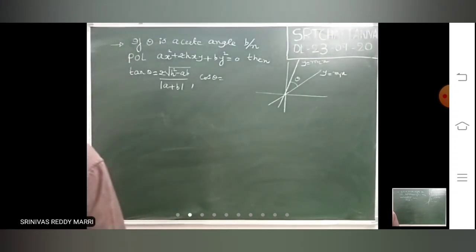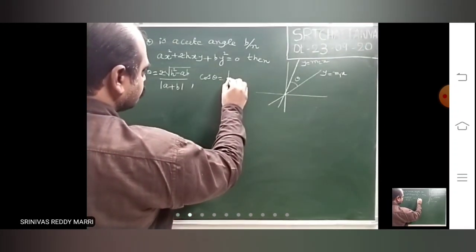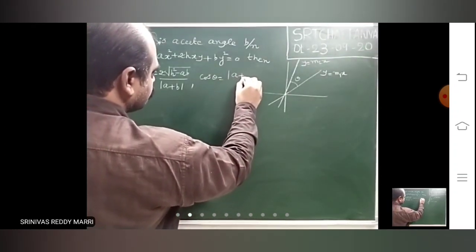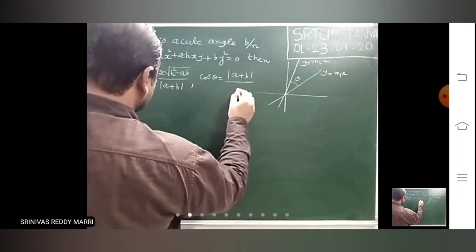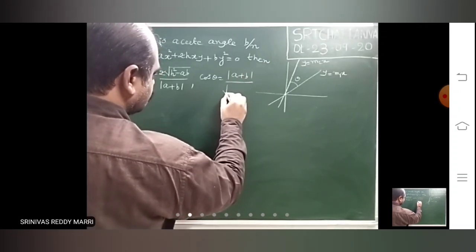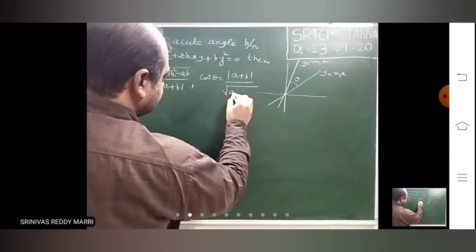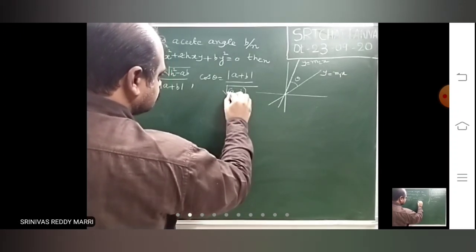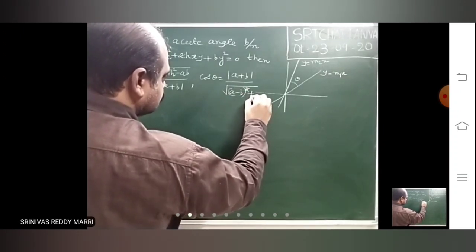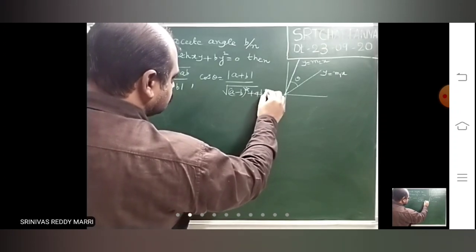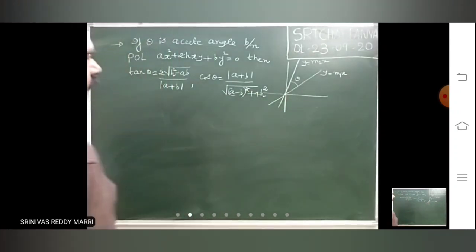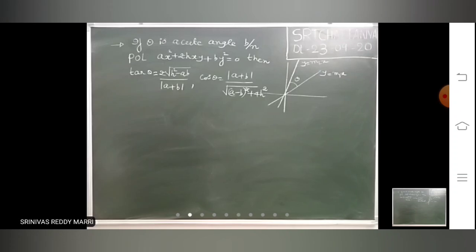The cos theta formula is modulus of a plus b divided by root of a minus b whole square plus 4h square.